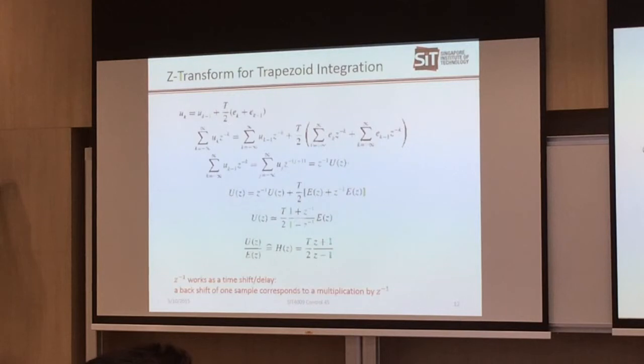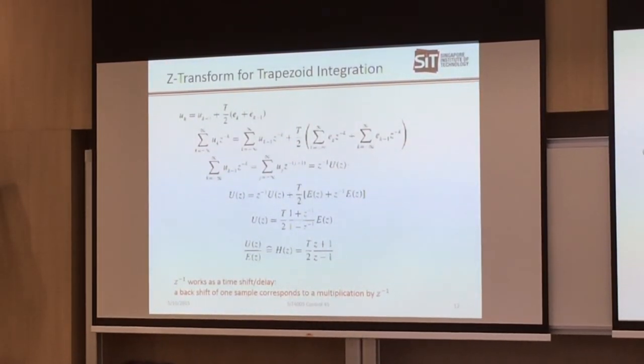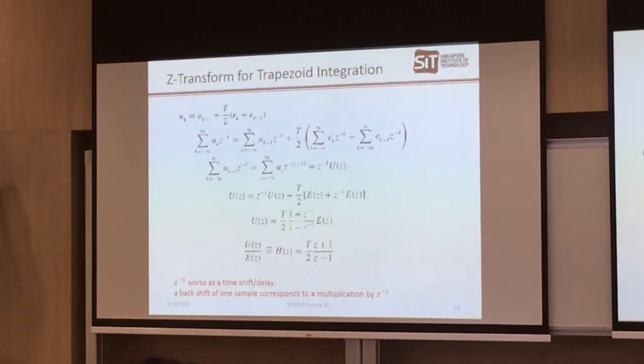So now you see the z power minus 1 works as a time shift or delay. Okay? And it's a back shift by z power minus 1. Of course, if you have a forward shift, it is z power plus 1. So if you have 2 time shift, then your order becomes 2. If you have 3 time shift, it becomes 3.